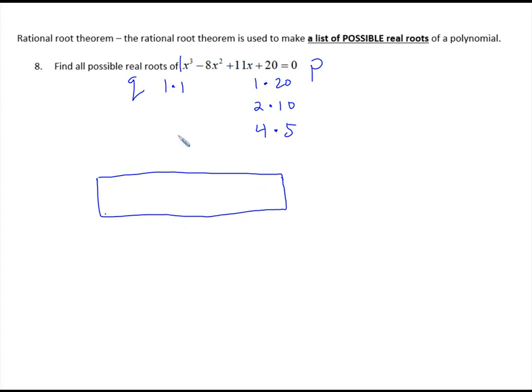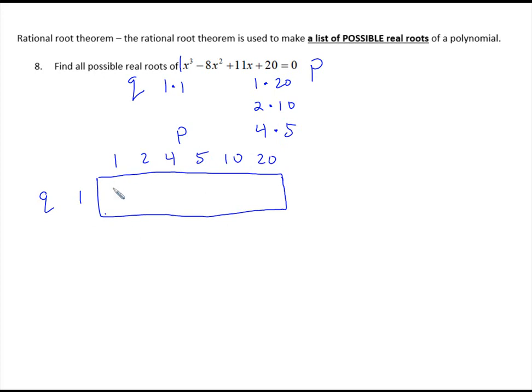Over here are going to be our p-values, over here are going to be our q-values. So q is only 1, and you don't need to put the 1 twice because it's the same number. And what are the p-values? The p-values are 1, and then we also have 2, 4, 5, 10 and 20.